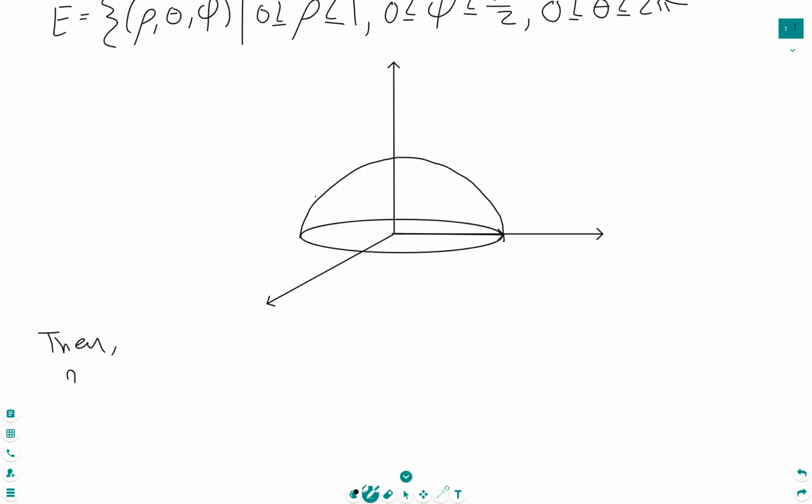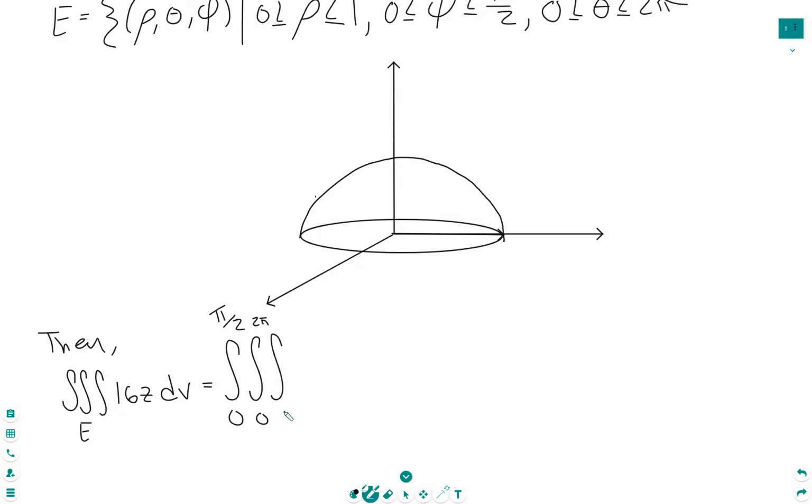So then we have our triple integral over the region E of 16z dV. We go from 0 to pi over 2 in phi, from 0 to 2 pi in theta, and from 0 to 1 in rho.